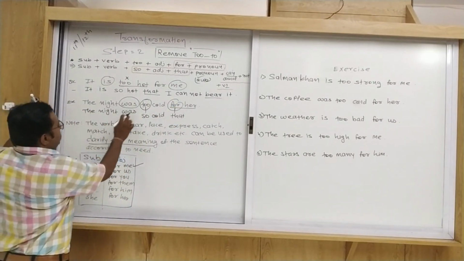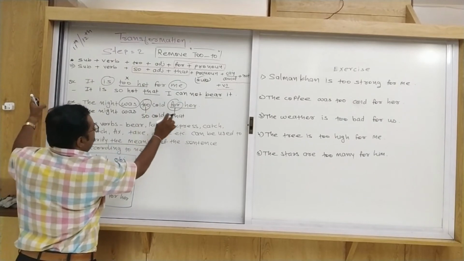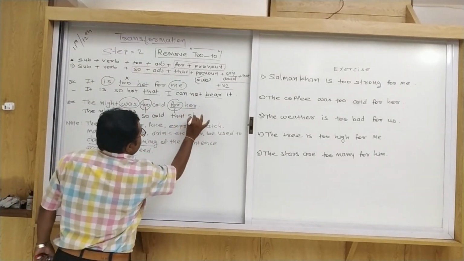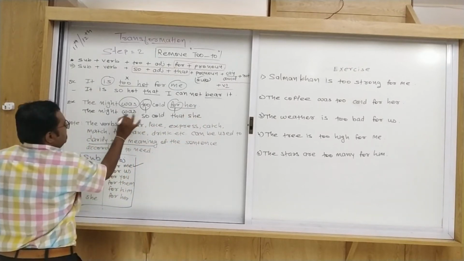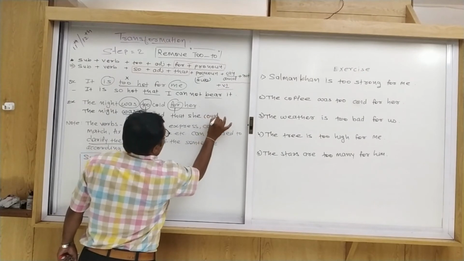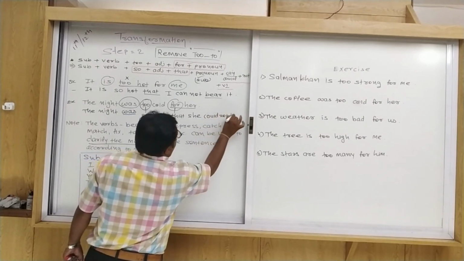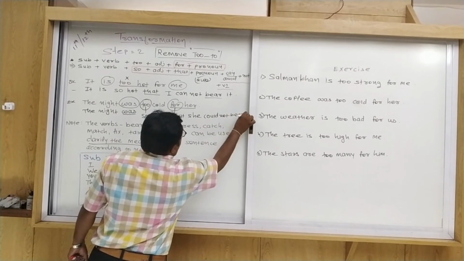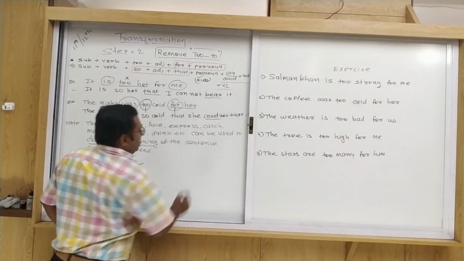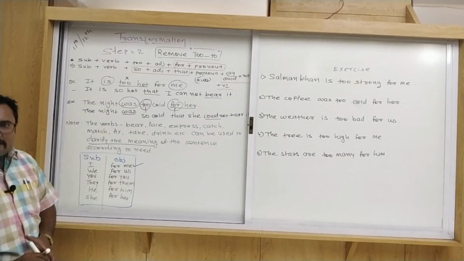Okay, so the night was so cold that, what is the subject of her? She. Which tense is used here? Past tense. So she could not bear it. Okay, dear friends, have you understood?